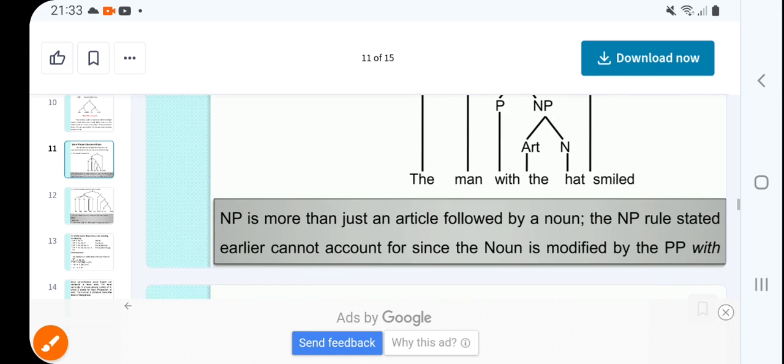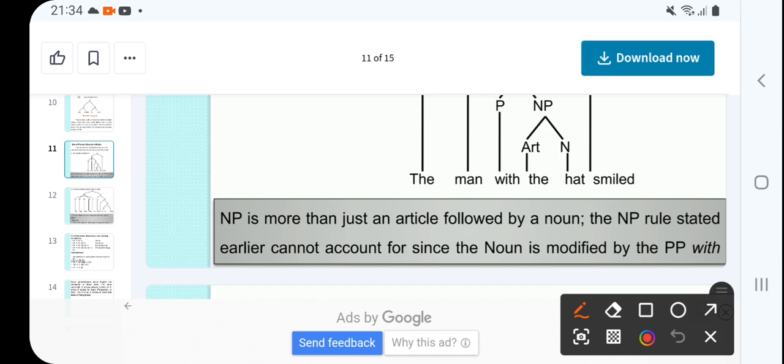Okay, so a noun phrase is more than just one article followed by a noun, right? The noun phrase rule stated earlier cannot account for this, since the noun is modified by the prepositional phrase. So that is new information. Why? Because here another rule is saying that the noun is modified by a prepositional phrase, with here.